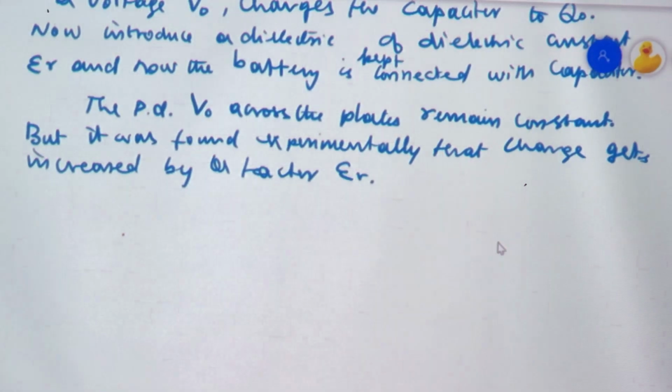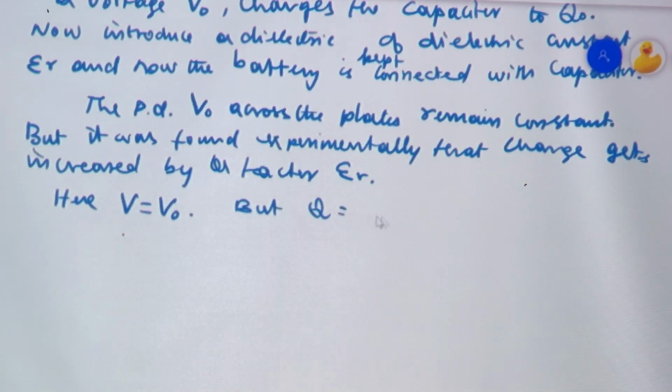The potential difference V is always V0, but the charge Q will be equal to Q0, the original charge, increased by a factor epsilon r.